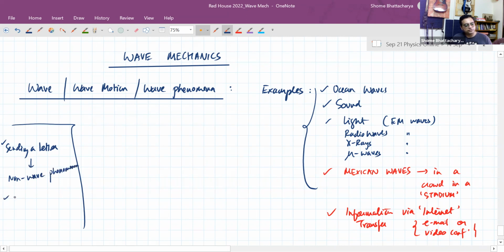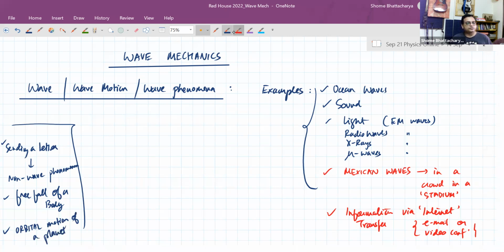Or if I talk about free fall of a body, or orbital motion of a planet, these are all examples of non-wave phenomena. Yes, pandemic wave, unfortunately a very sad truth in our lives, but that's also an example of wave phenomena.